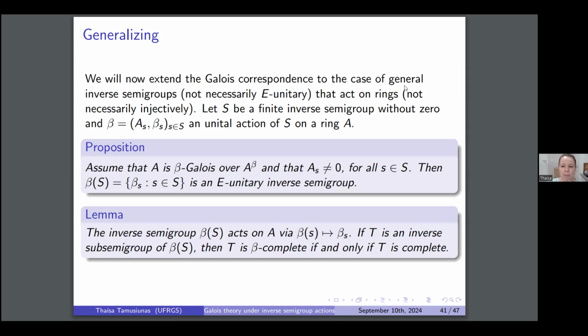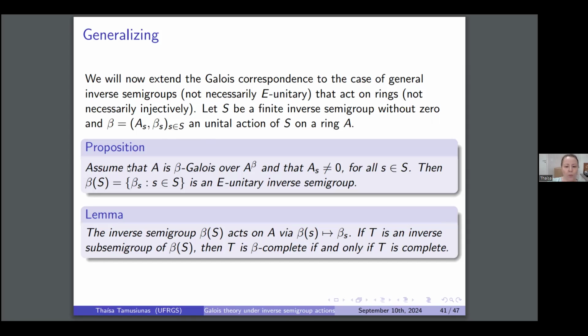The general case, I mean, first of all, inverse semigroups, not necessarily E-unitary, acting on rings, but not necessarily injectively. But here we are considering inverse semigroups without zero at first. So we treat these cases separately.